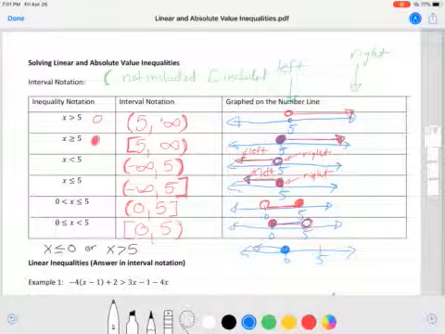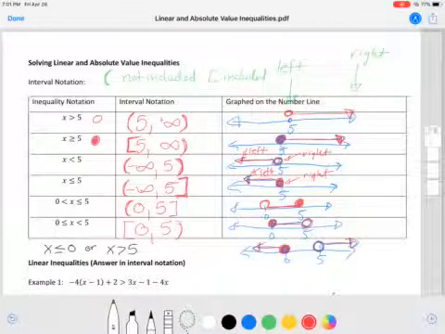So I'm going to the left. And then I also have x is greater than 5. So I'm not including 5, so that's going to be an open circle. Greater than 5 means I'm going to the right. So here's my intervals. Notice that this is a little bit different than the previous examples that we did because I have 2 intervals here. As opposed to all the other examples we did, where I had 1 interval. This is broken into 2 pieces.